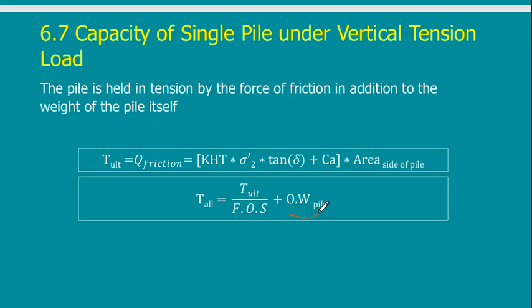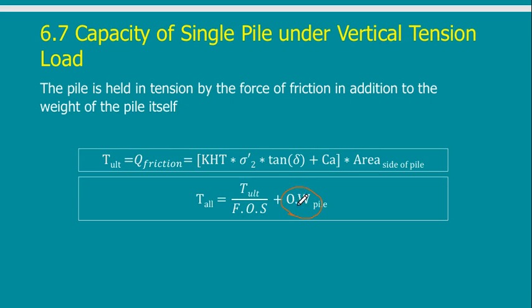So I can add the own weight of the pile if I use an equation that would give me T ultimate, which is the ultimate capacity, similar to the first method or the second method, they give me the ultimate load. I divide the portion for the friction by the factor of safety, and then I add the own weight without any factor of safety because it is there.